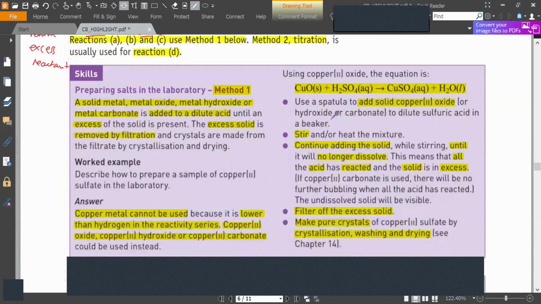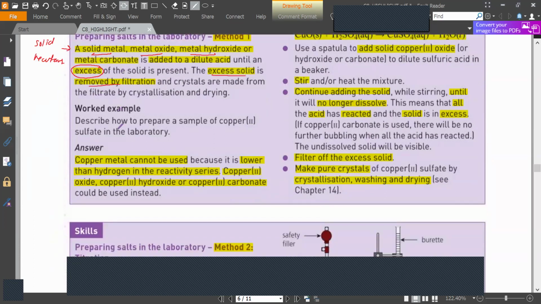Method one, for the soluble salts, is used when we have a solid reactant, like solid metal, metal oxide, or metal hydroxide. Normally we put it in excess, no problem, because the excess solid can be removed by filtration.